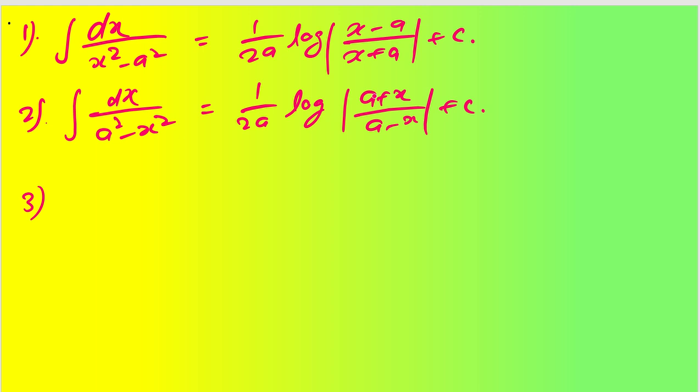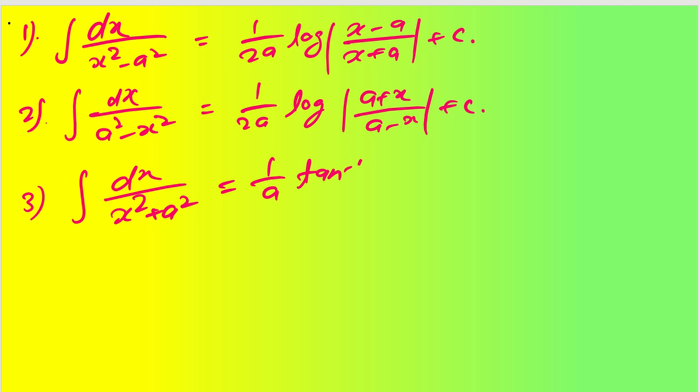Third one is integration of dx by x square plus a square. So if it is x square plus a square, it is very easy and very powerful. Okay, 1 plus x square is very easy, tan inverse x. So similar to that, it will be 1 by a tan inverse of x by a. So you can relate that using integration of 1 by x square plus 1 dx. Okay, so this is very similar to that.